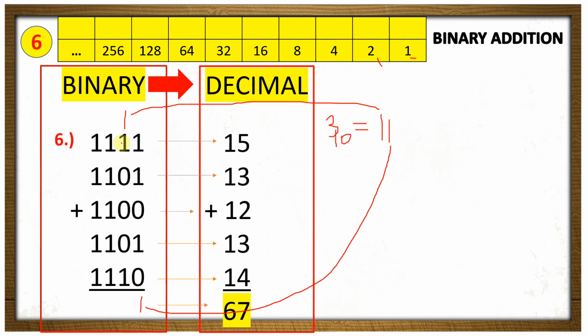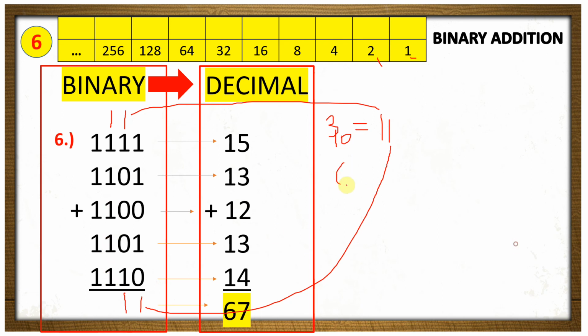Okay, next, 1 plus 1 is 2. So plus 1 here at the bottom, it's 3. So the same, 1 carry over 1 here. Okay, so next, 1 plus 1, 2, 3, 4, 5, 6.